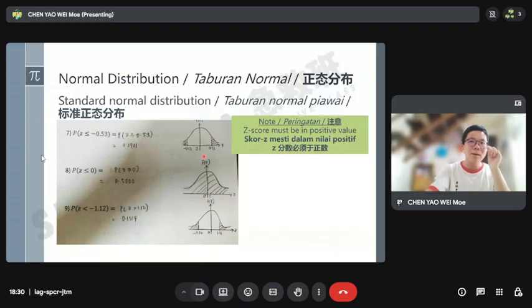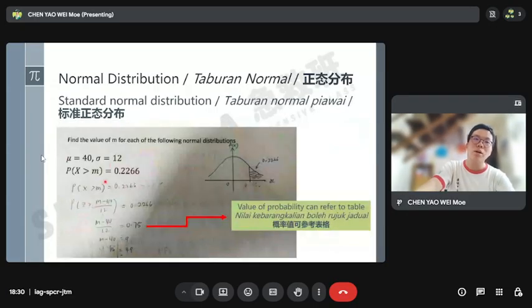And we also can use the mean and standard deviation to find the original value. Given P(X > m) equals 0.2266. Remember this is x.